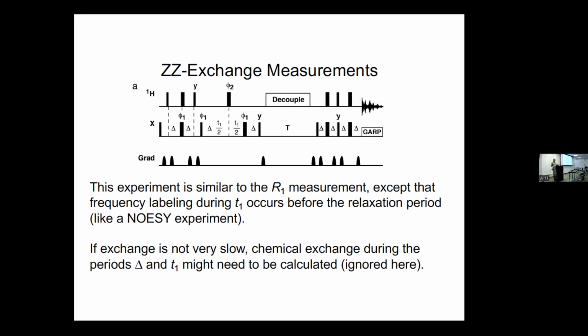There shouldn't be cross relaxation because of the secular approximation, except you have the 180s. And the 180s are refocusing chemical shifts, so you can get some cross relaxation that you don't expect, even though you're in slow exchange, depending on the time scale. So sometimes this has to be taken into account.